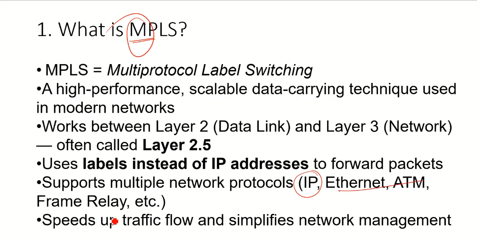It supports all layer 2 encapsulations, all layer 3 protocols. That's the reason for the name multi-protocol label switching. As we already know, when we enable MPLS, it speeds up the traffic flow. So that makes network management simplified. How? Just a simple layer 2.5 header is what is used.